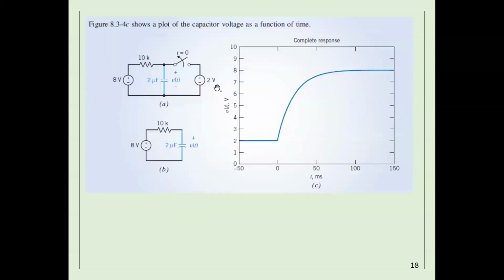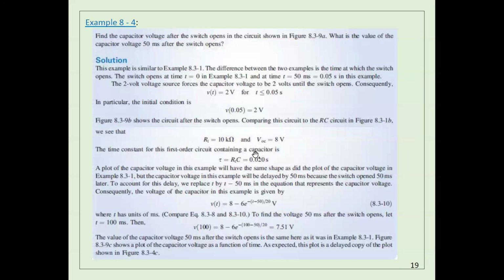The small difference is here, I'm going to open the switch at time equal to 0. Okay? In the next example here, I told you I'm going to open the switch at time equal to 50 milliseconds. So the switch is not going to open at 0, but it's going to open at 50 milliseconds.